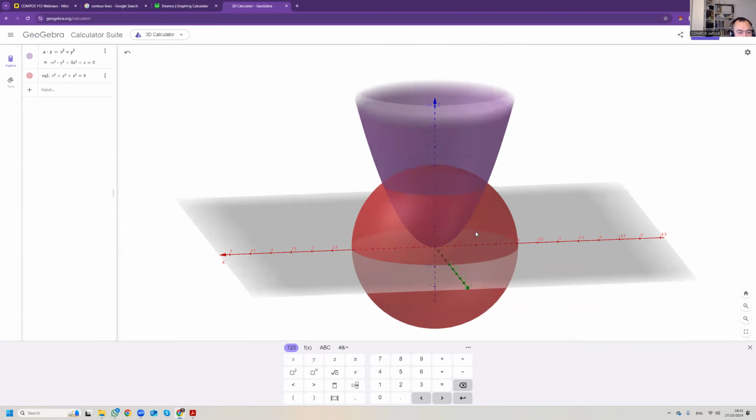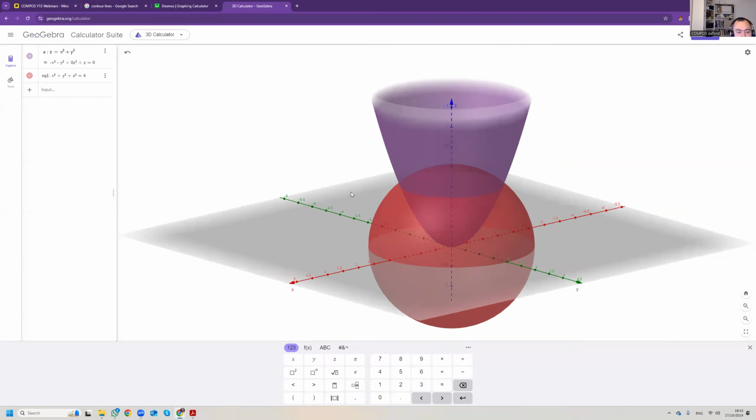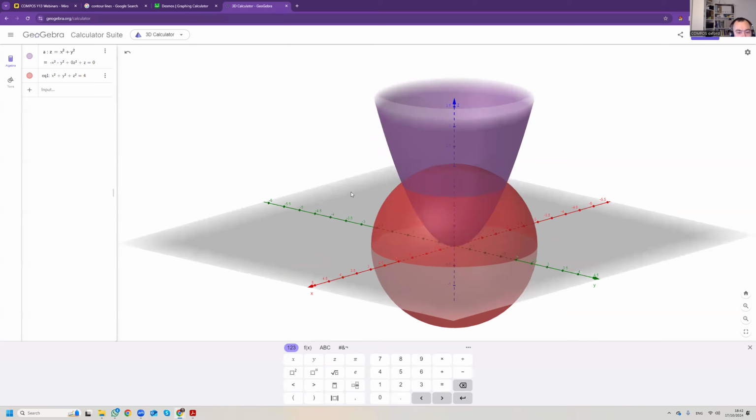So this is an implicit function. A sphere is an implicit function of three variables, whereas a paraboloid is an explicit function. Because for a sphere, you can't write z equals something. It doesn't work.